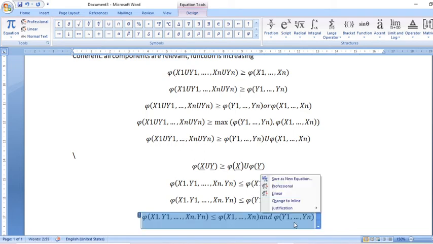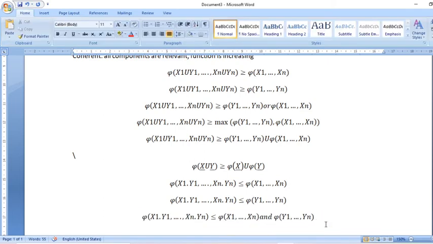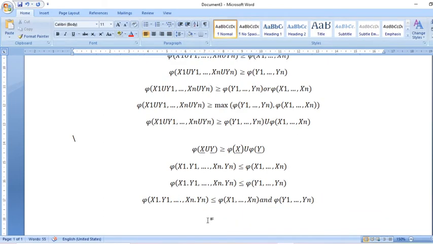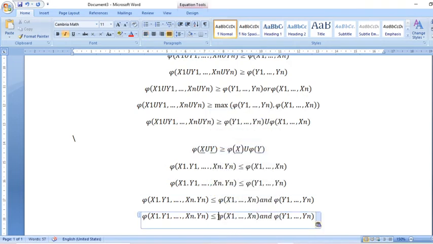Simultaneously, phi of x1 into y1, etc., xn into yn is less than or equal to phi of x1 to xn, and y1. So instead of writing like this, we can write that this is less than or equal to the minimum of phi of x1 to xn, comma, phi of y1, y2, etc., yn.